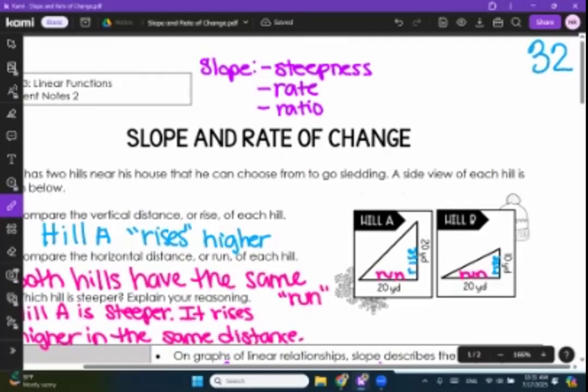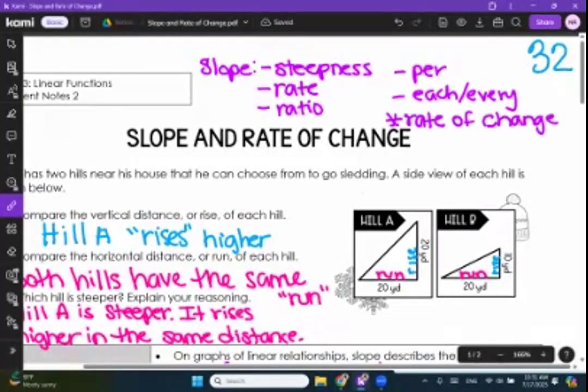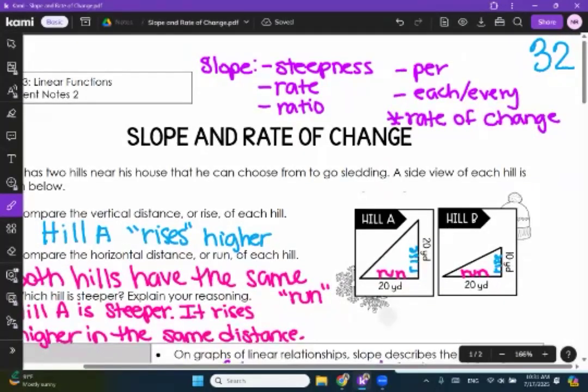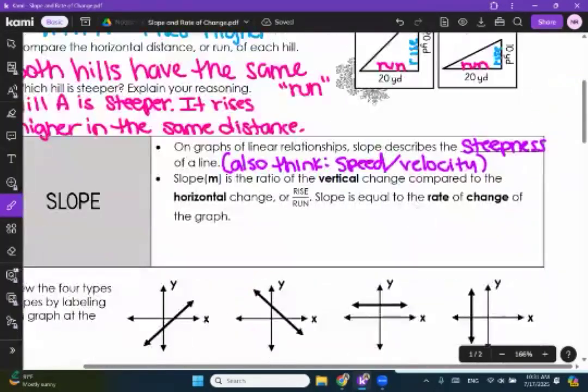And you've seen these words: per, each, and every are basically the same word. And then the most popular one that they'll ask is, what is the rate of change? How fast is my line changing? Okay, speed, velocity. Now you might want to pause the video to write the rest of those down, but I'm moving on here.